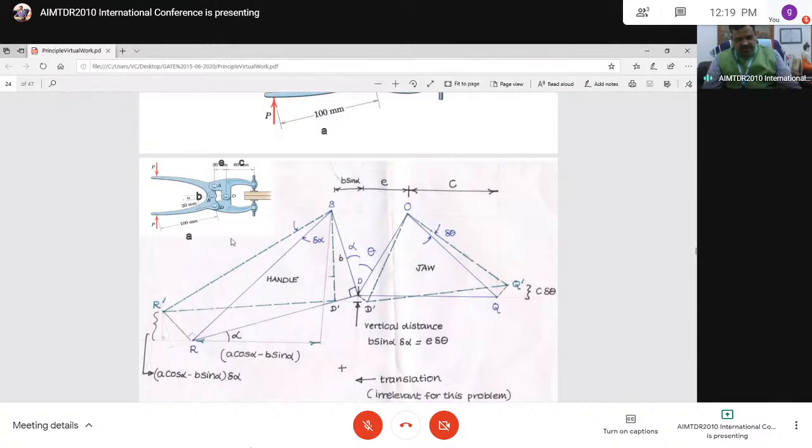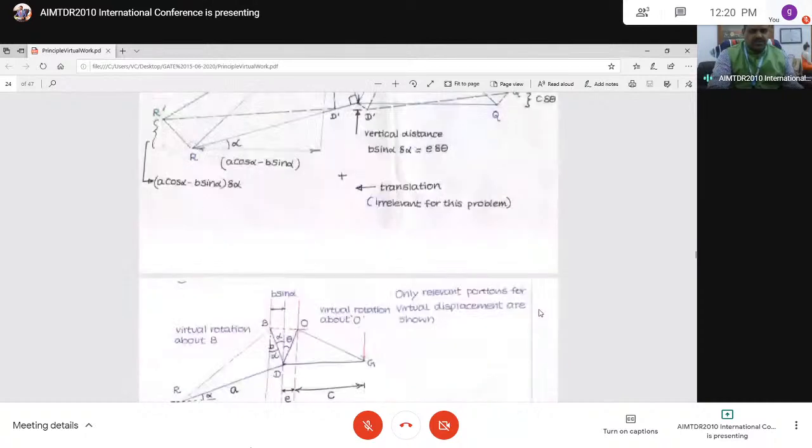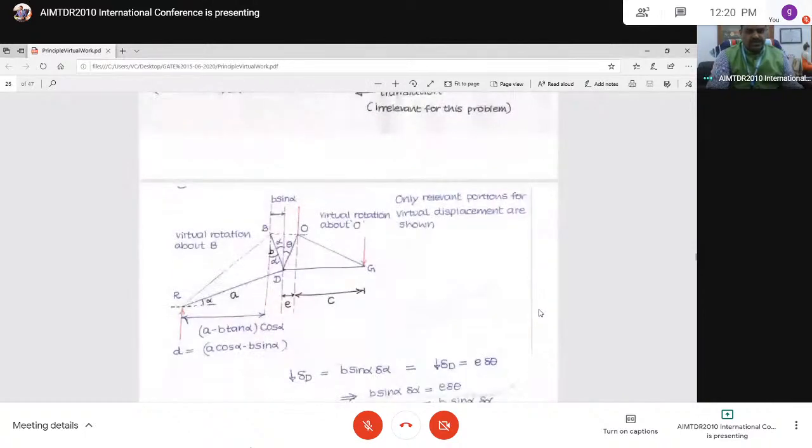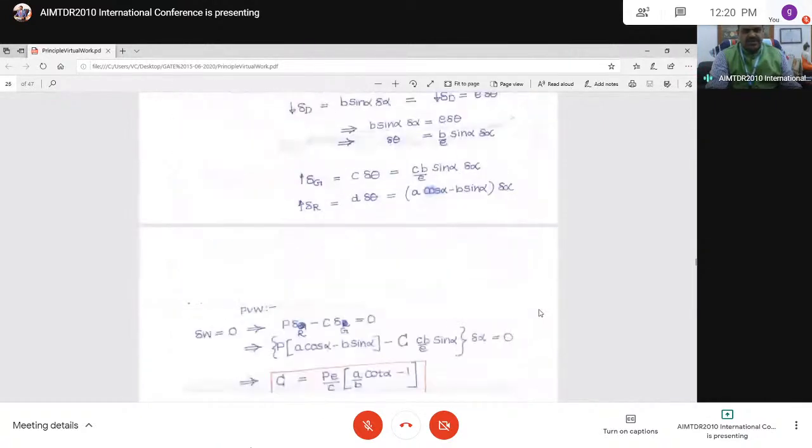This is the handle part, and this is the jaw part. Okay. This is also a displacement here, C delta theta. Okay. From that geometry, find out what are the angles, horizontal component, vertical component from the geometry. Similarly, vertical distance, and find the equations. Okay. See, this is how we try to get the equations, but from the GATE point of view, this much cumbersome problems don't come.